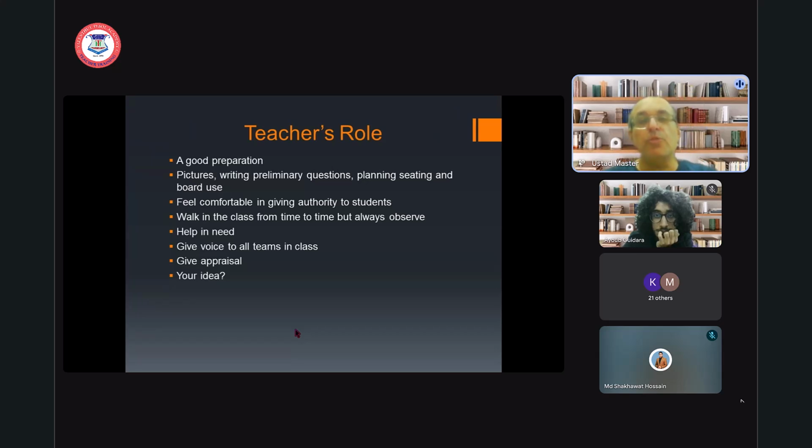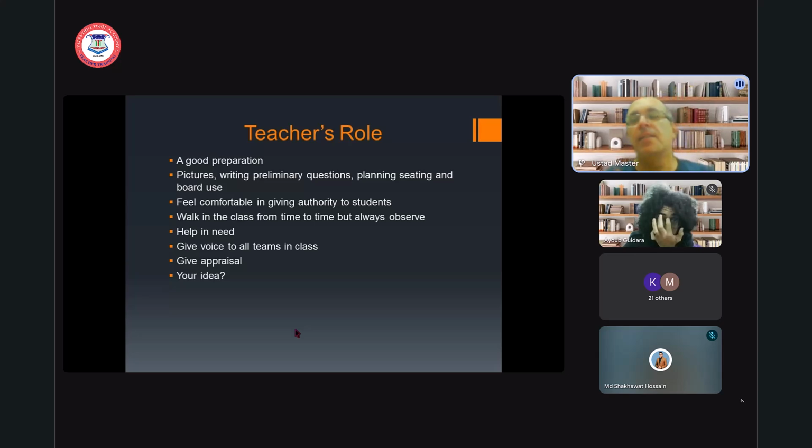Then you should feel comfortable giving authority to students because they will talk. In the classroom you can have a high amount of noise, but this is good noise because the students are working to produce something.